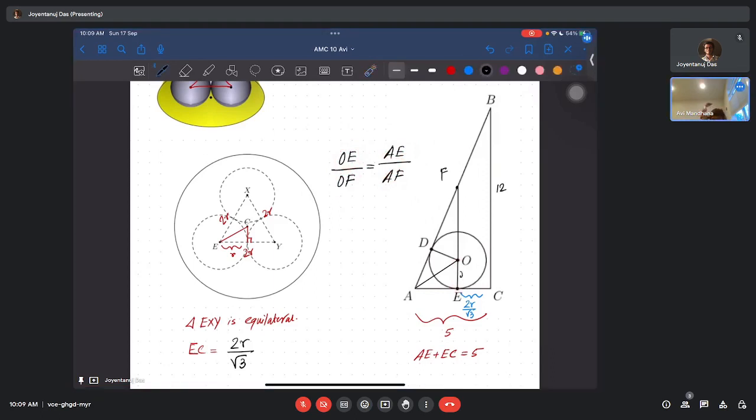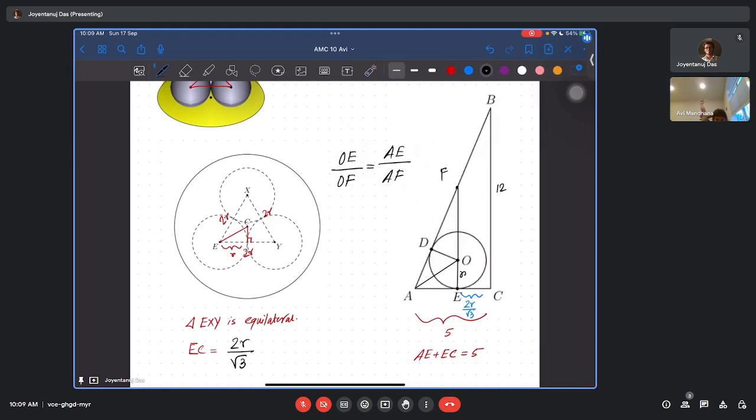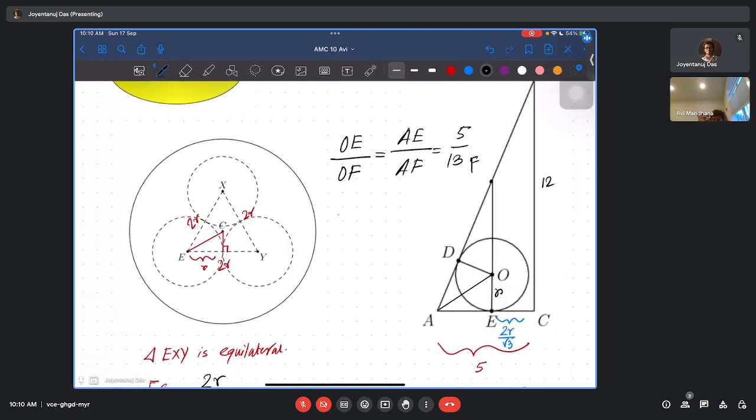This is R. Now AE by AF, what is that? By the similarity of the triangle, AE by AF is nothing but this whole thing by this whole thing, so this is nothing but 5 by 13. So OE is R, so R by OF is 5 by 13.